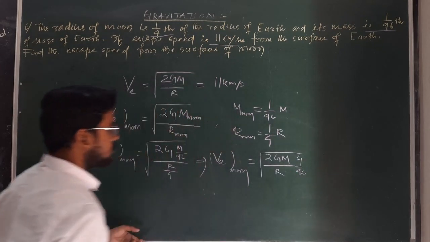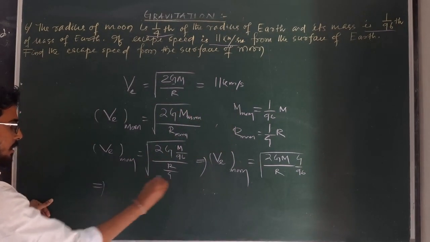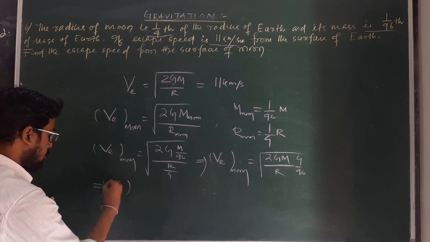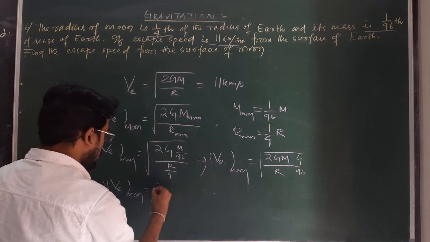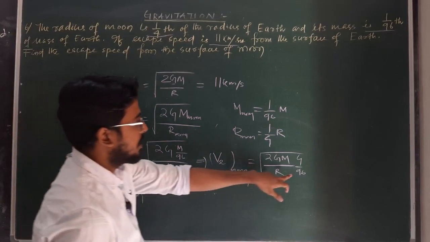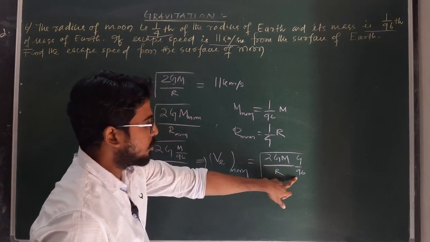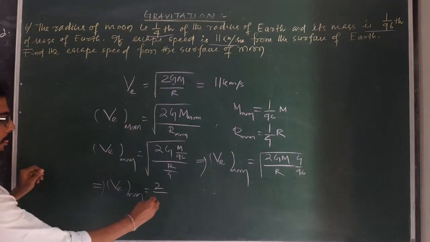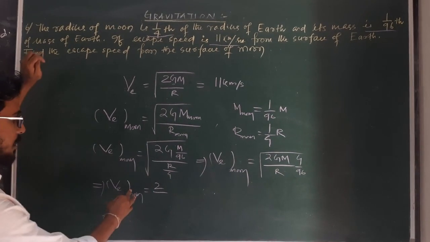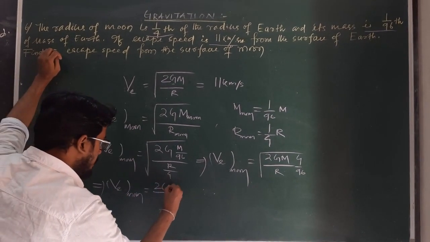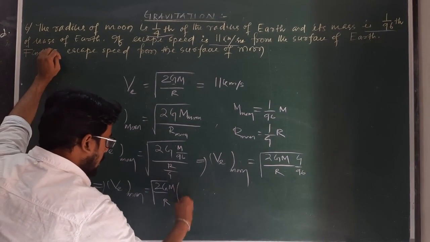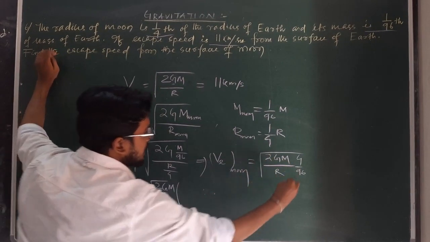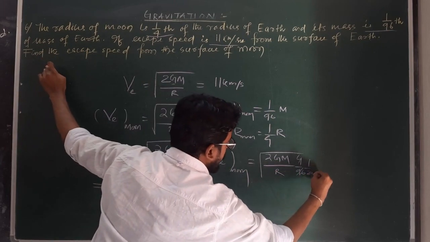So the escape velocity for moon will be equal to under root 2GM by R whole into under root of 4 by 96, which becomes 1 by 24.